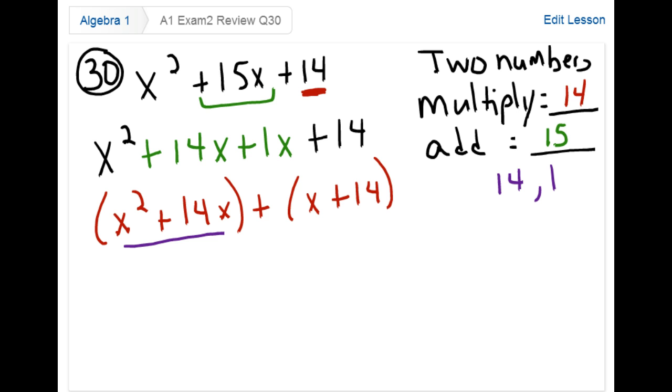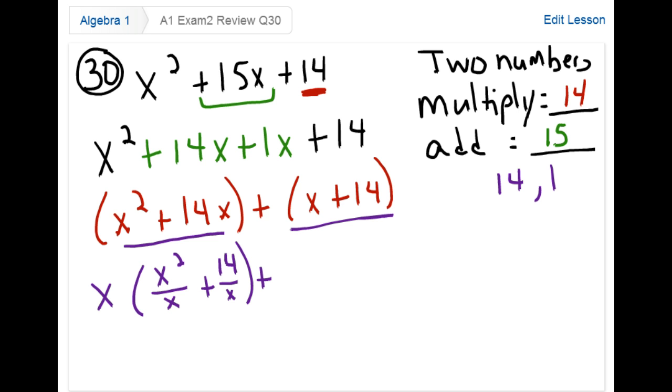The greatest common factor is x, so I'm going to take that out. So on the inside I have x squared divided by x plus 14x divided by x. With the next set of parentheses, the only thing they have in common is 1. So I'm going to put a 1 on the outside and then just write what's written on the inside.